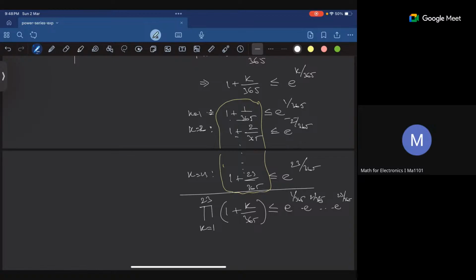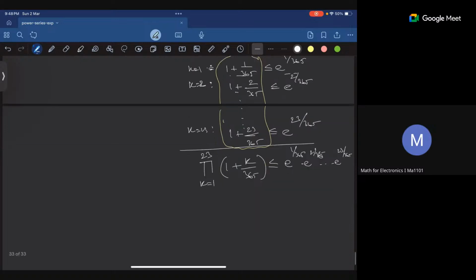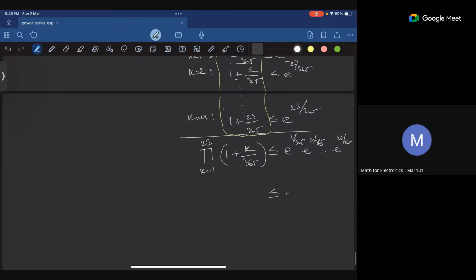Right, use the properties of exponentials. So e power x into e power y into e power z and so on, you can write it as e power x plus y plus z and so on. If you use that property, the power will be 1 by 365 plus 2 by 365 plus and so on 23 by 365.